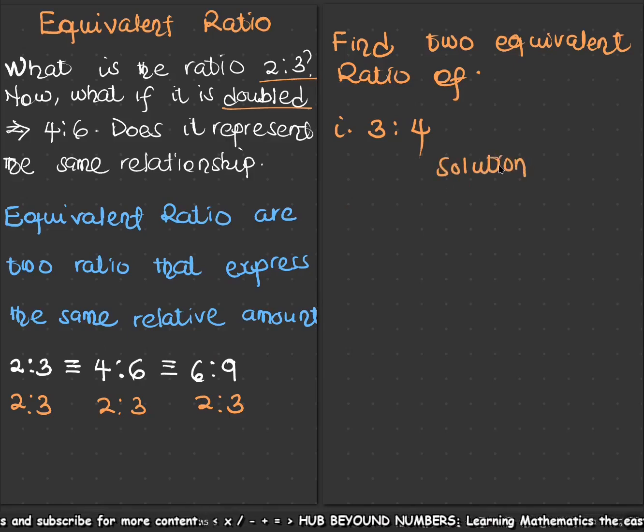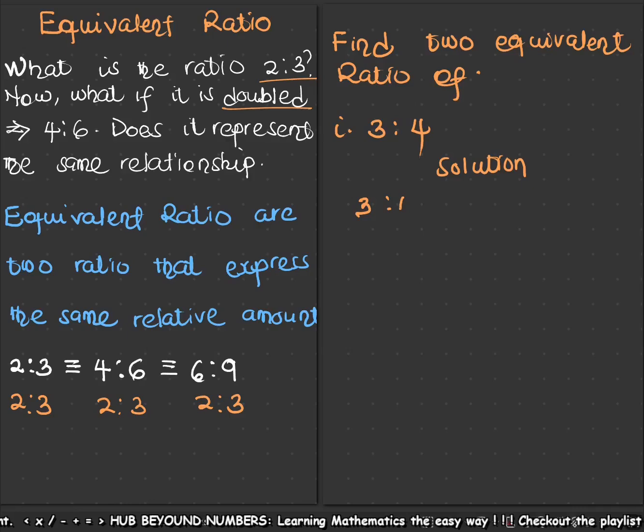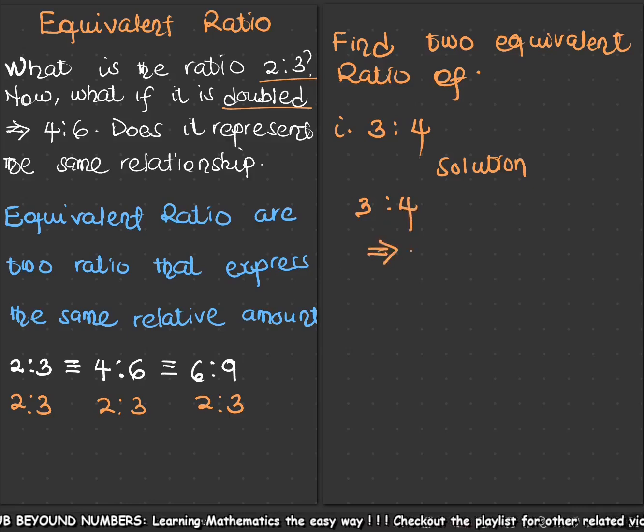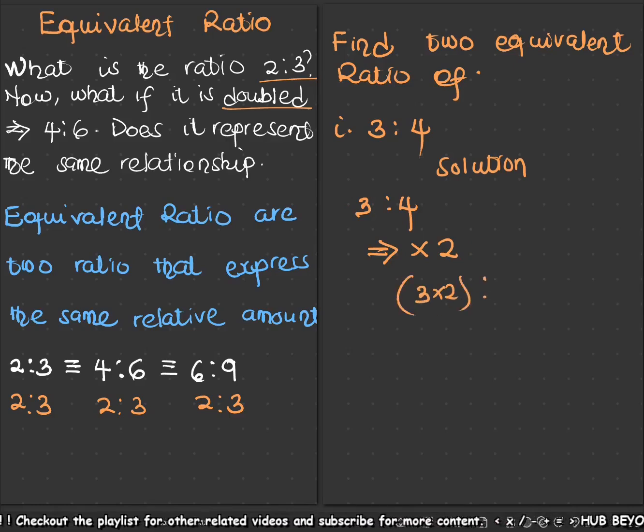You can choose to multiply or divide. So for instance, for the 3 is to 4, I can choose to multiply by 2. So if I multiply by 2, then that is 3 times 2 is to what?